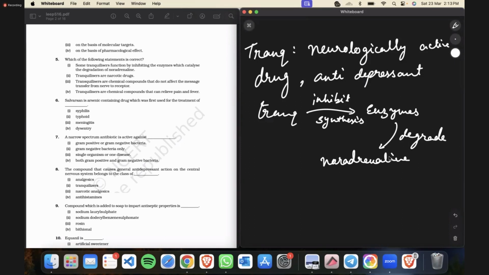If the enzyme is inhibited, the neurotransmitter noradrenaline is slowly metabolized and can thus activate the receptor for longer periods, thereby counteracting the effect of depression.